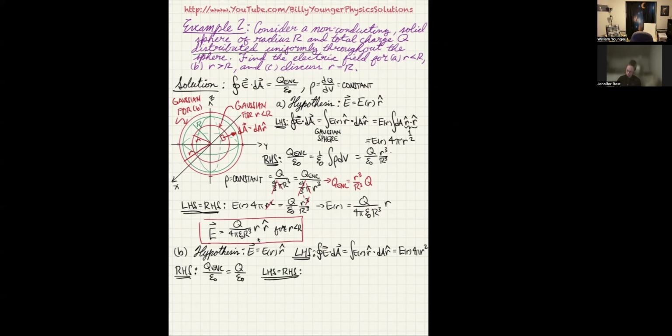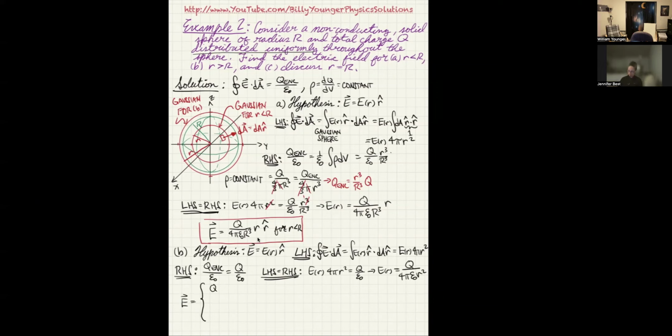And when we do that, we get E of R times 4 pi r squared is equal to Q over epsilon naught, and that tells us that E of R is just our classic Coulomb's law, Q over 4 pi epsilon naught r squared.